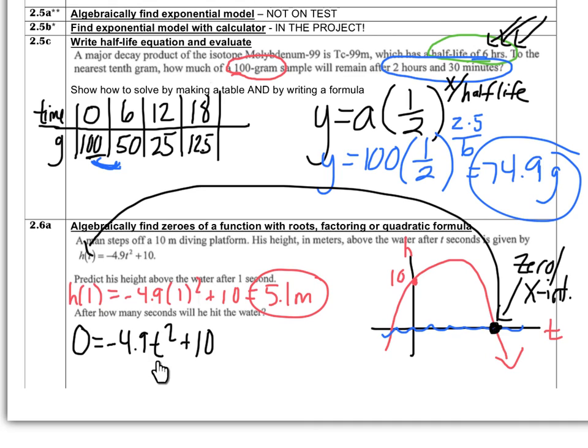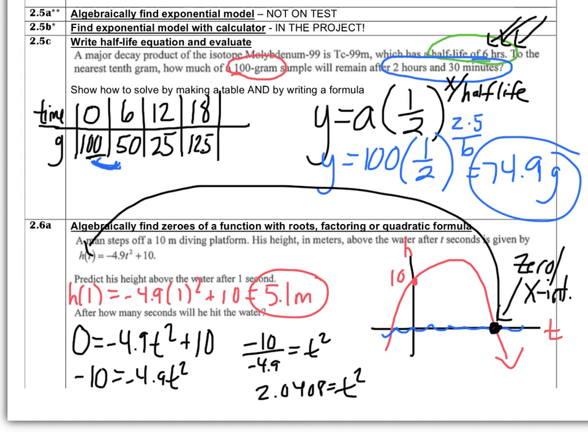The reason I can use basic algebra is I can get t by itself. If there was a t squared and another t, I could not. So to solve this, let's first start by subtracting 10 on both sides, which leaves us with this value. Then I'm going to divide by negative 4.9 on both sides, which will leave me with this value here, which simplifies to 2.0408.